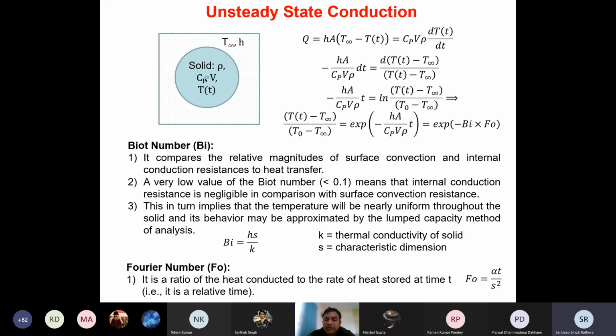Sir? Yes, please go ahead. Sir, in the second step of this calculation, how have we written the RHS? I mean the denominator of RHS. This one? So the second step from the top. Okay. Yes, sir. The RHS. Okay. All right. So see, T infinity minus T(t), this numerator is okay. This first term.